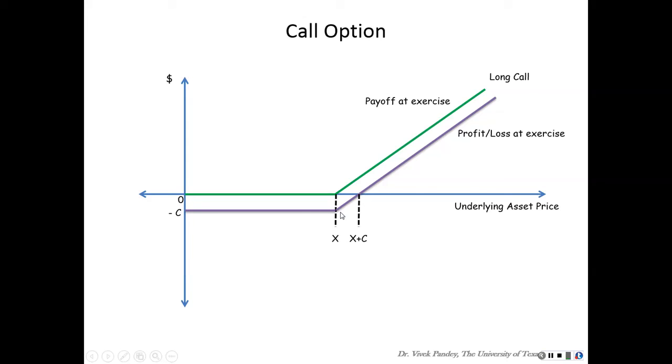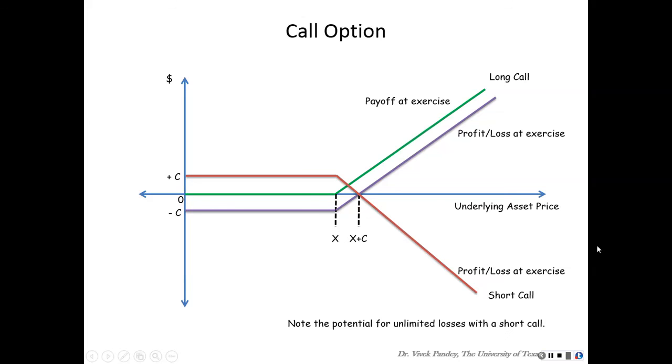So between 100 and 105, this option will still be exercised to lower the losses, but it's only after 105, when the stock price is higher than that, that this option becomes profitable, right? Of course, the seller of the option is looking at the opposite scenario.